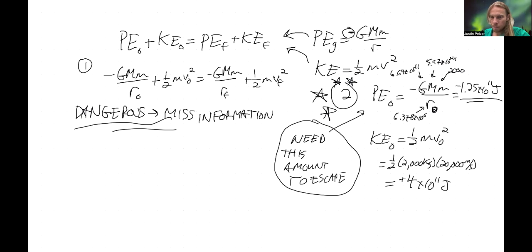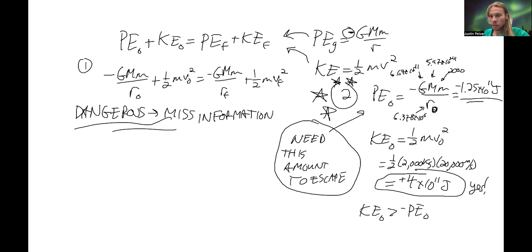Did we do it? Yes, we did it. This is greater than that. If the initial kinetic energy is greater than the absolute value of the potential energy, then it escapes. It comes out of the well. We have enough energy to come out of this potential energy well.